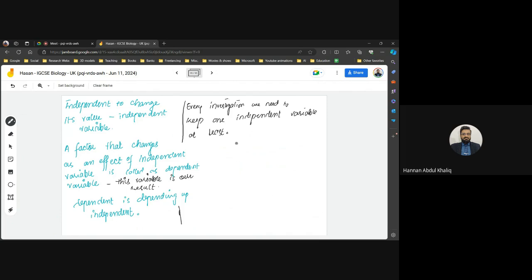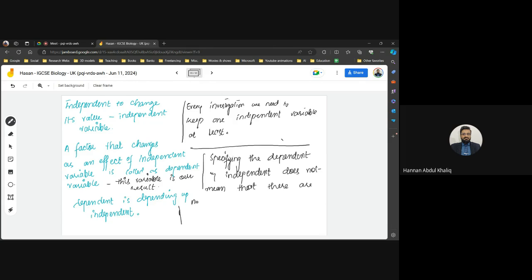Okay, but another very important line I'm about to write: specifying the dependent and independent variable does not mean that there are no other variables.